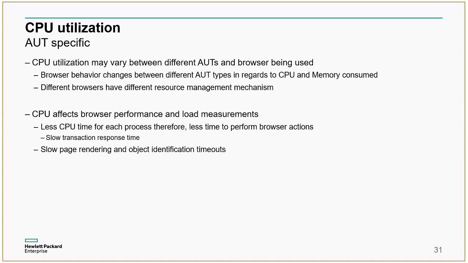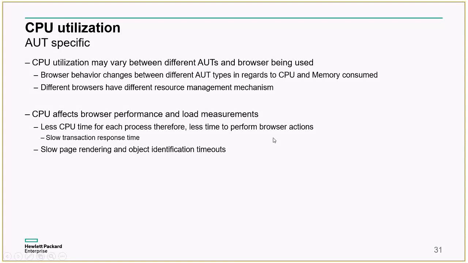Different browsers use different CPU and memory. They consume different resources, and they also include different management mechanisms for resources. So when you run a load test on different browsers, you need to take that into consideration. The CPU in general affects browser performance and load measurements, meaning the less CPU time for each process, therefore less time to perform browser actions.